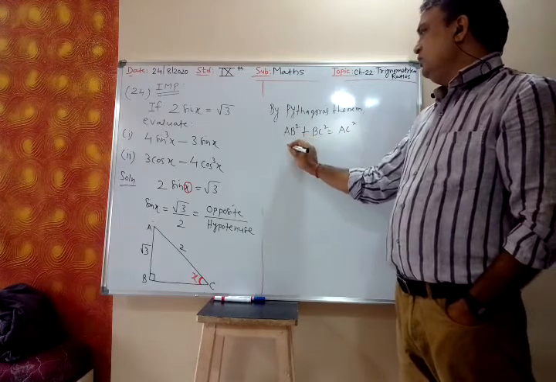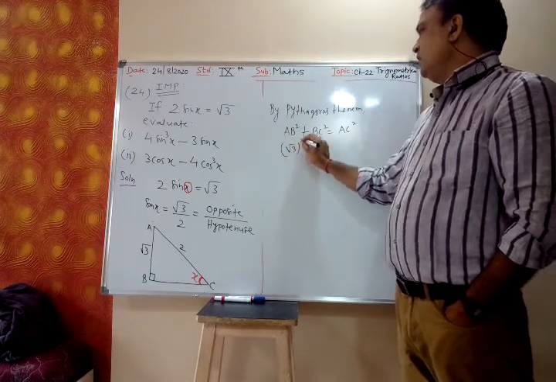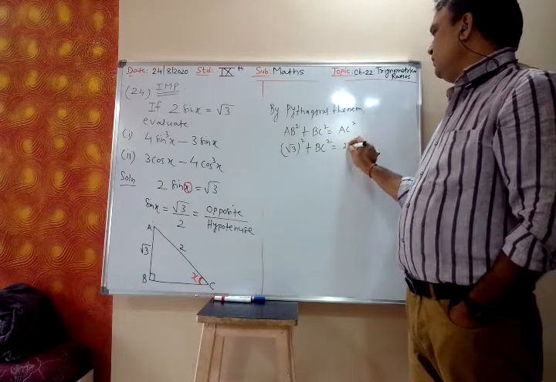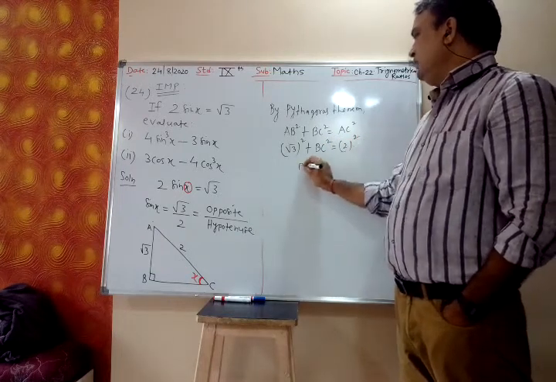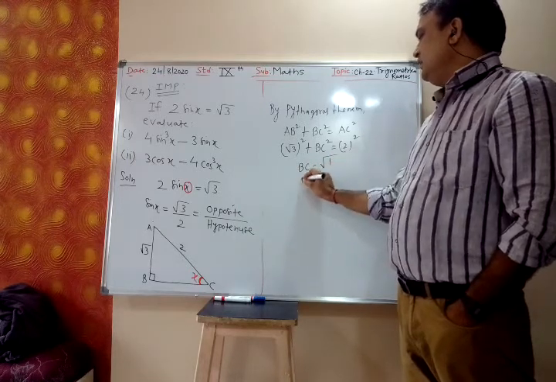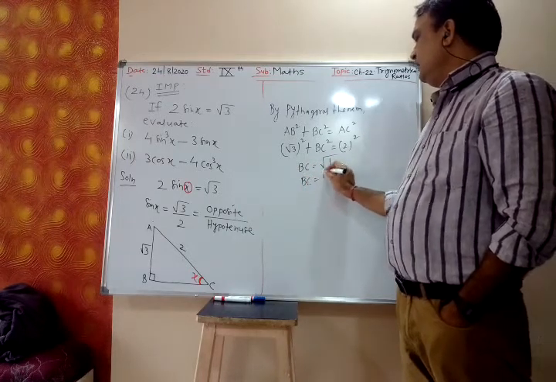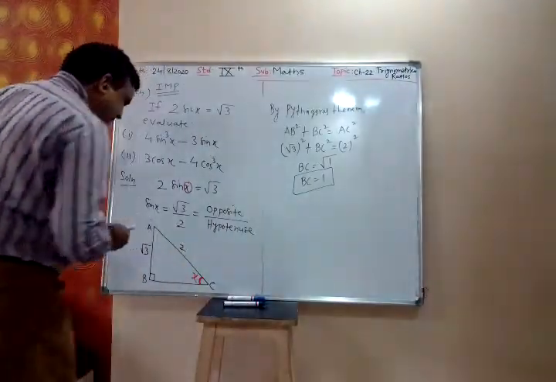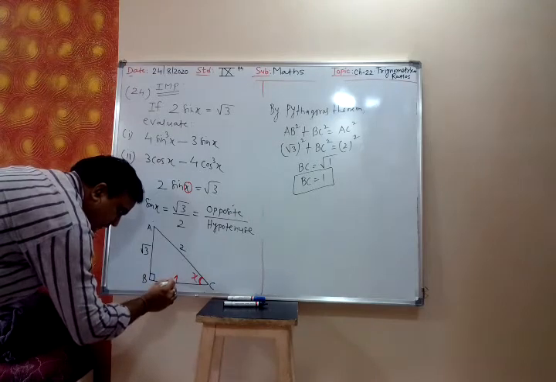So AB square is root 3 square plus BC square, we have to find BC. AC is 2 square. So you will get BC is equal to root 1. So BC is 1, correct?